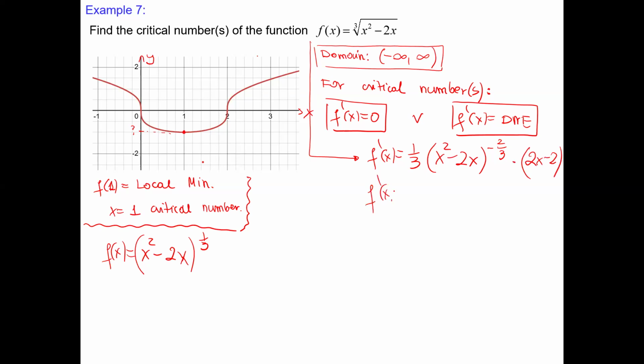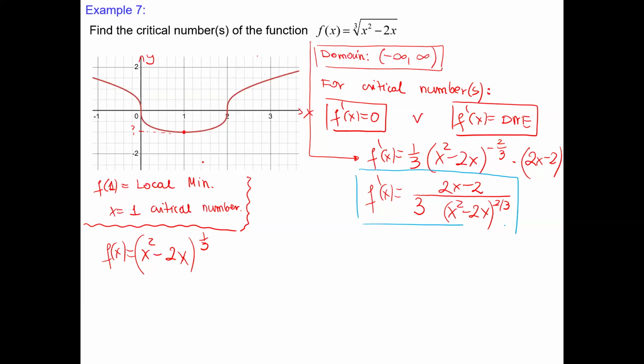Let's simplify, because we never leave the answer with a negative exponent. 2x minus 2 goes up, and the quantity x squared minus 2x goes down, under a cube root, squared. This is a good form of the derivative.